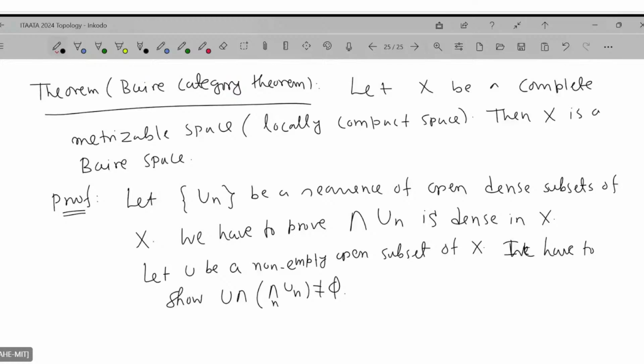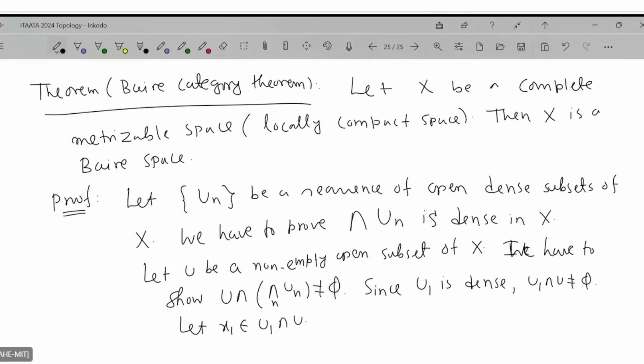Since U1 is dense, U1 intersection U is non-empty. Let's take a point x1 belonging to U1 intersection U. Then, because it's a metric space, there exists a ball of radius 1 or half, whatever you want to take, centered at x1 contained inside of that.